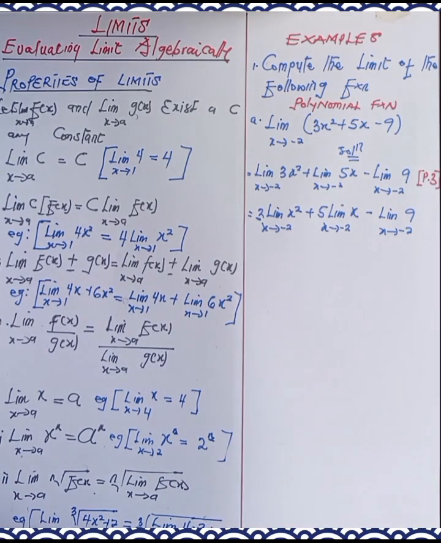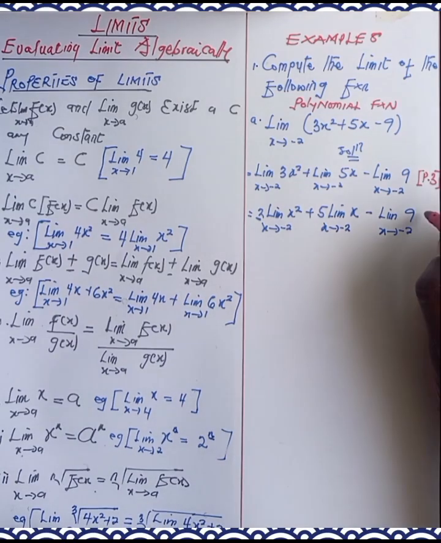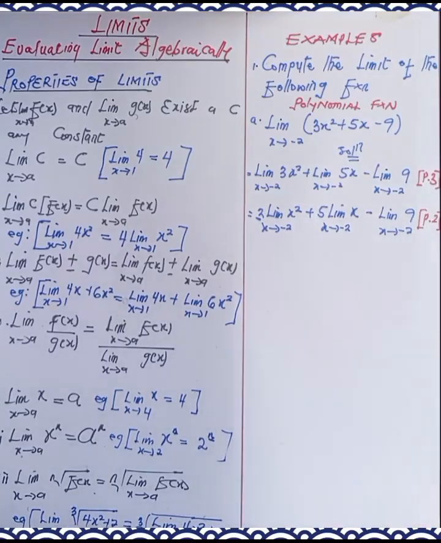So this property is property 2. So let's write it here, property 2.